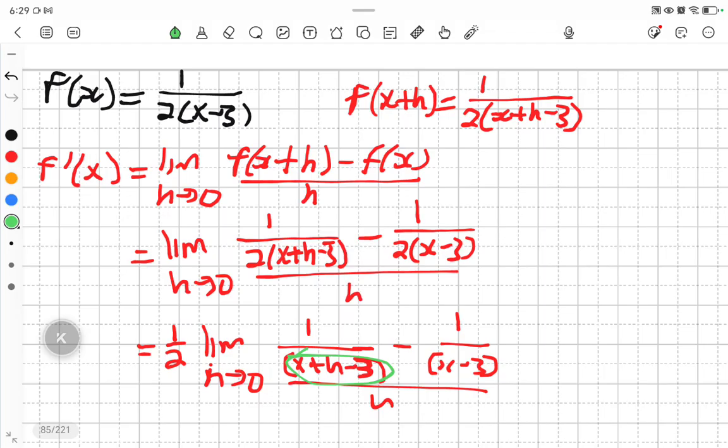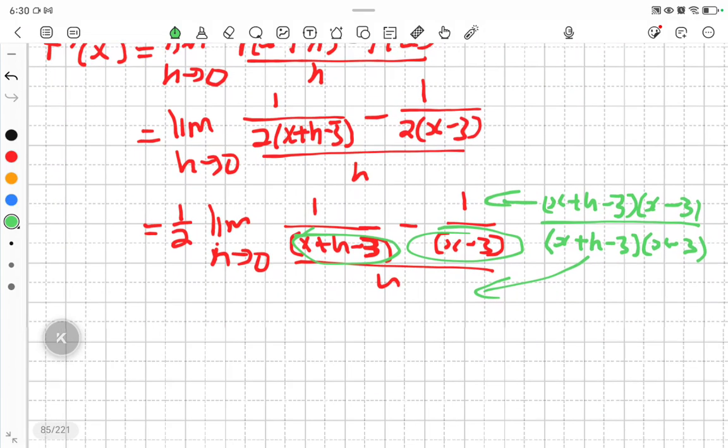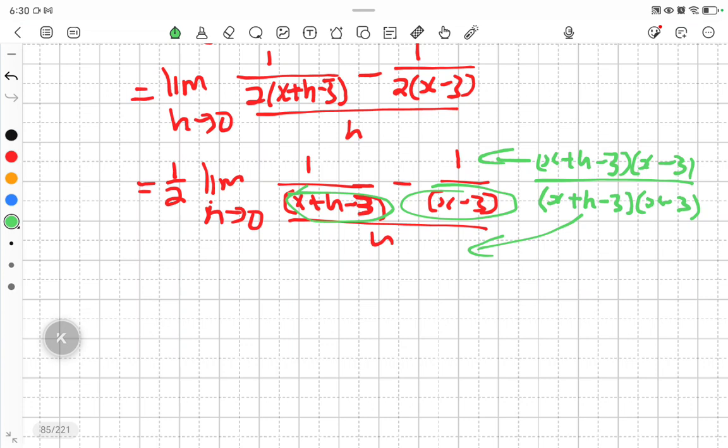Then I said we're going to consider these two, right? We're going to multiply them. You're just going to have x plus h minus 3 times x minus 3. Then I also divide by that. This will come here. This comes here.